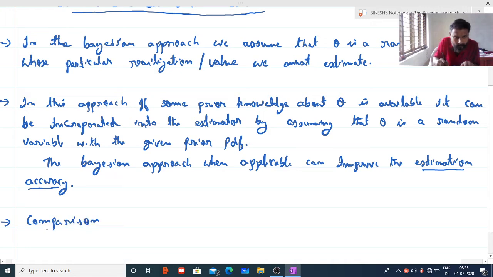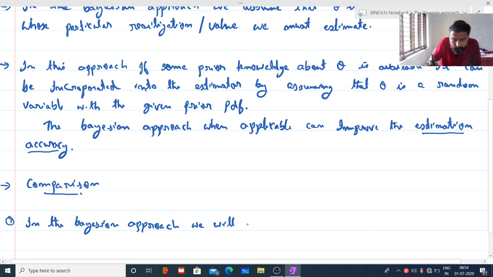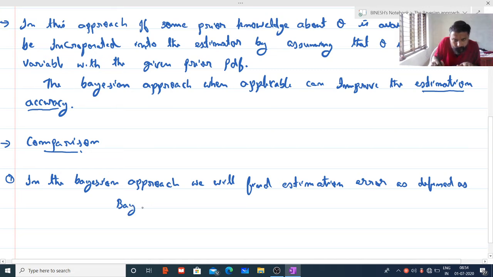In the Bayesian approach, first point, we define the estimation error as A minus A cap. Whereas in the classical approach, it is A cap minus A.